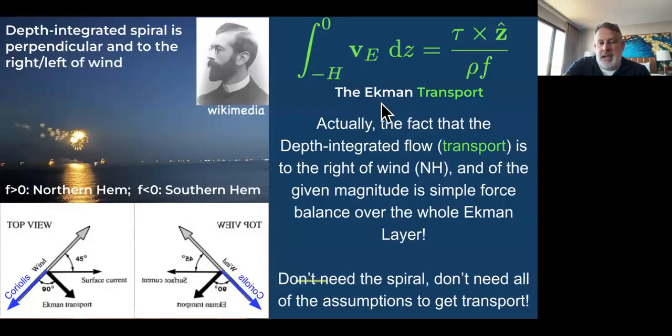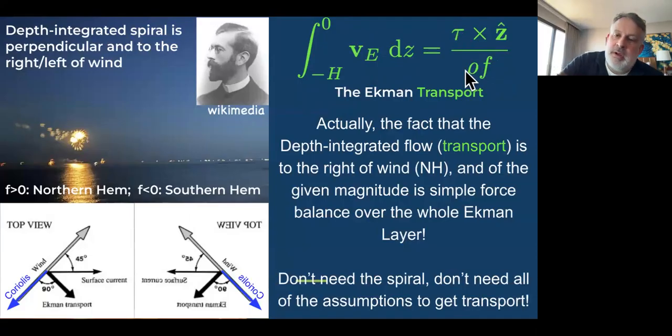So the Ekman transport is the most robust part of this, which is really the vertical integral of that V extra, if you work out how it depends. So the surface condition here gives us the surface boundary condition on the viscous stress, which is equal to the wind stress. And then these factors down here are just the F that's coming from the fact that this is a Coriolis term, and the rho is just what you needed to be there to cancel out with the units of the stress at the surface.